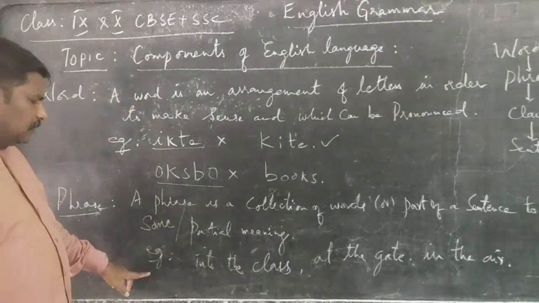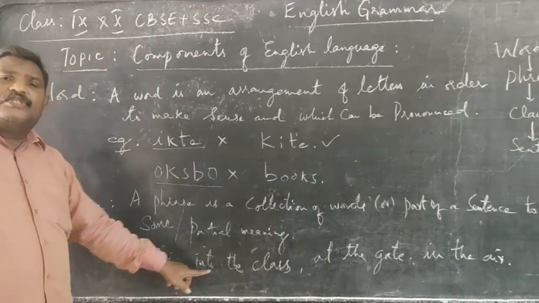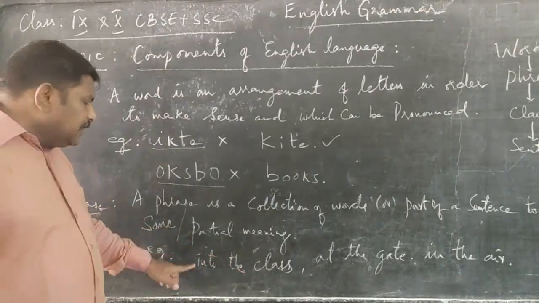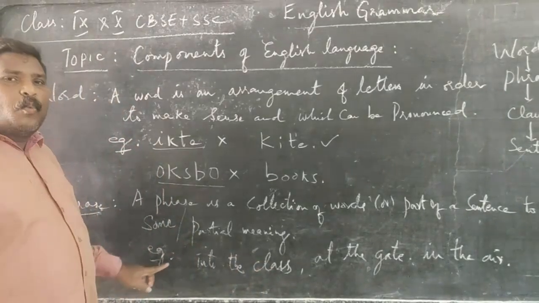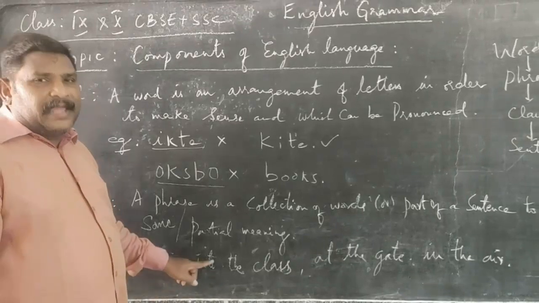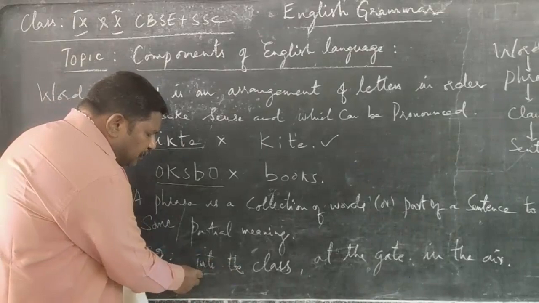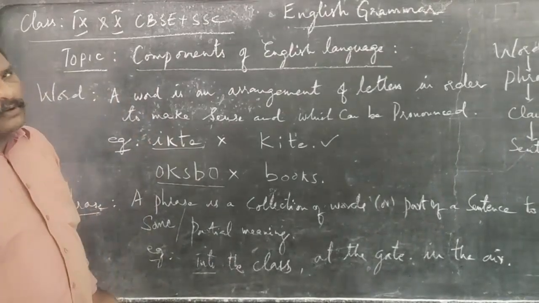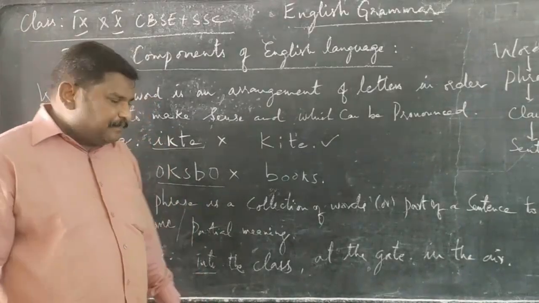For example, I have written this example: into the class. The students went into the class. Now, there is a preposition here. So, therefore, it is called a prepositional phrase.